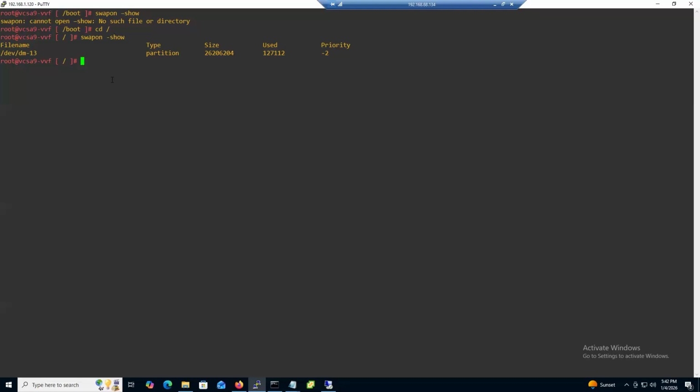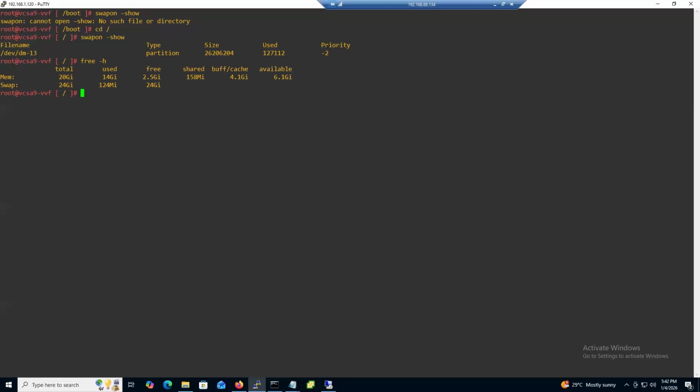So to understand the swap in a better way, there is a command called free -h. Let me explain this output, because free -h has two outputs. One is related to memory, another one is related to swap.